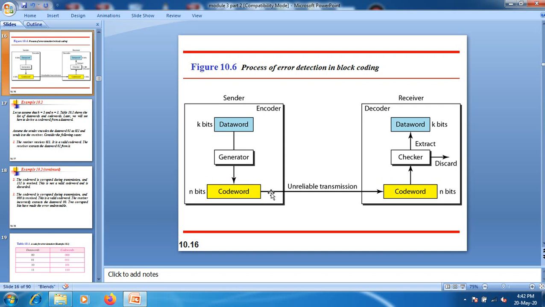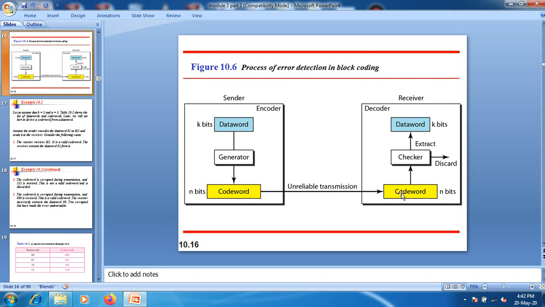This code word is transferred over this unreliable channel. We don't have an ideal channel that transmits your information perfectly or correctly. The received information reaches the destination correctly, or some of the bits may become corrupt.